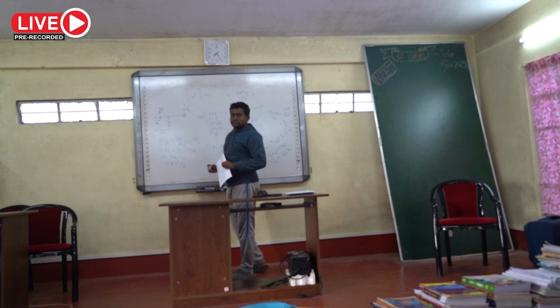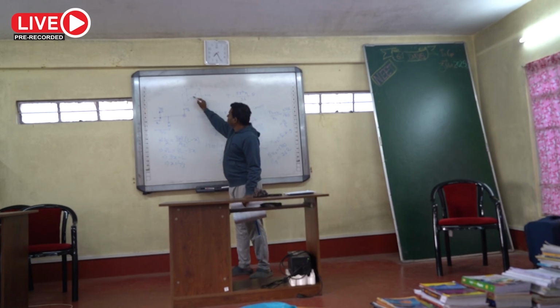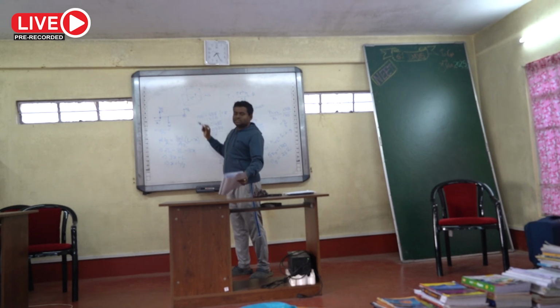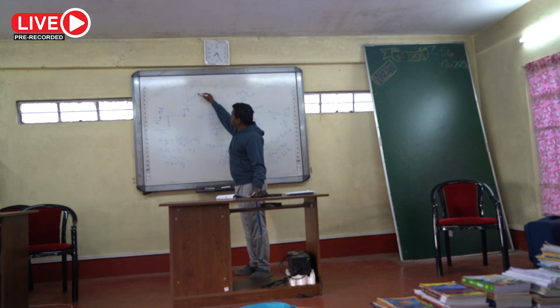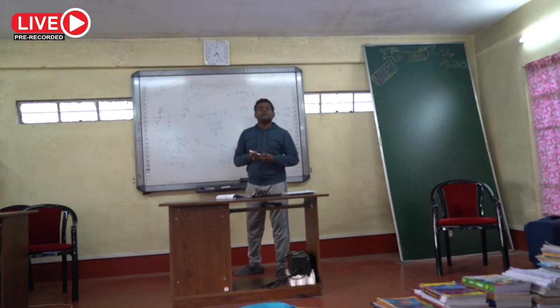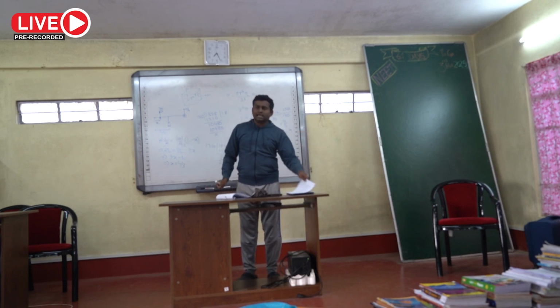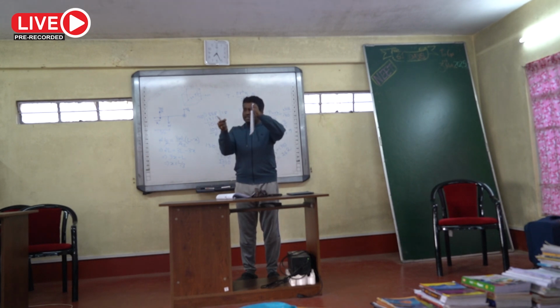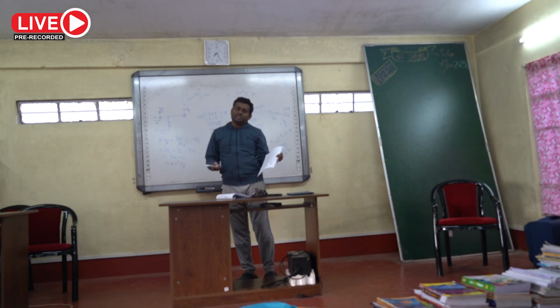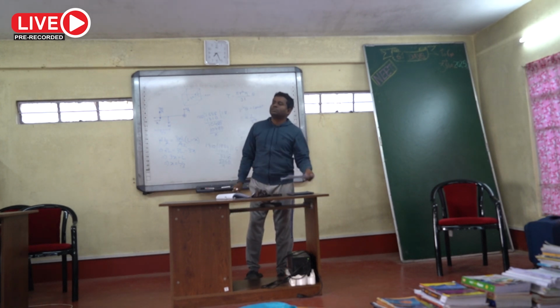Now we can consider this surface is at equal distance from this charge and this charge, which means with respect to this particular surface these two charges are placed symmetrically on the two opposite sides. This is just like a sheet. One charge is placed here, another charge is symmetrically placed here. So the net flux from this charge and the net flux from the other charge through this surface will cancel each other. So the net flux passing through this surface will become 0.